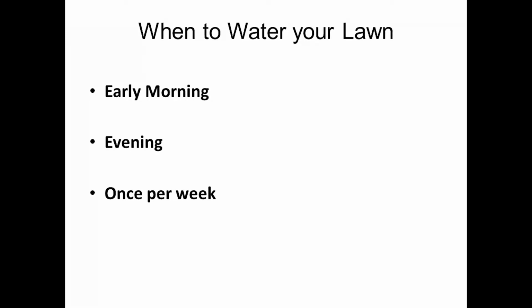And when we're talking about watering, we're looking at usually, at most, once per week. Okay? We want to do a long, deep, thorough soaking of the lawn once per week. The reason is that the moisture will slowly seep down into the soil, and the roots will naturally grow to follow the moisture levels.